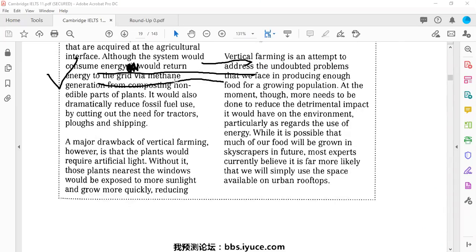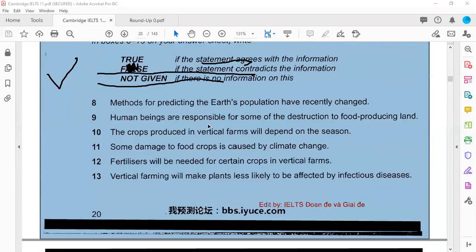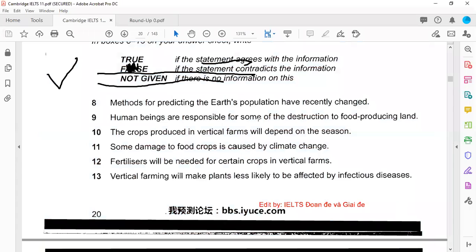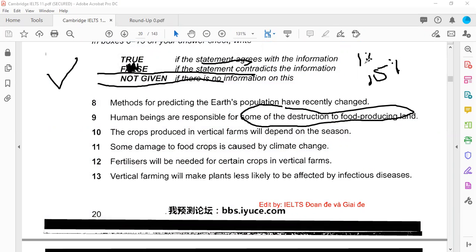They're not asking how much. They're just saying human beings are responsible for some of the destruction to food-producing land. Even if it's 1%, 1% is also some. Half a percent is also some. It doesn't have to be 10% to count. So that is true.